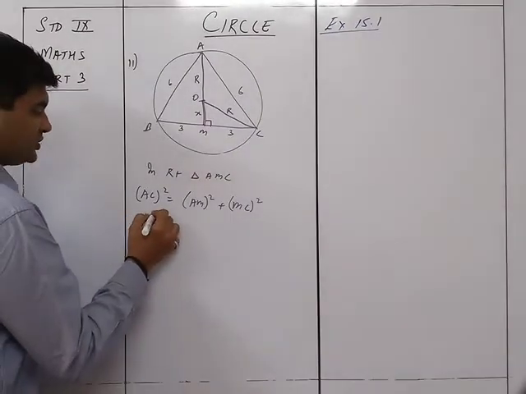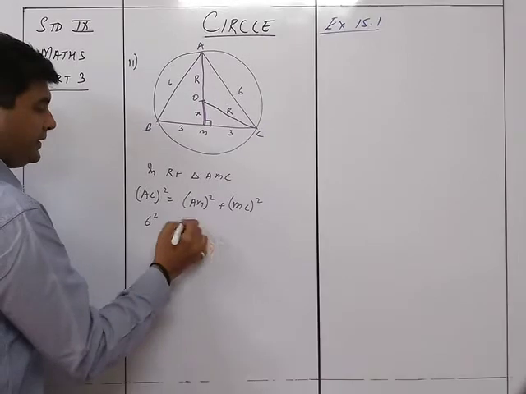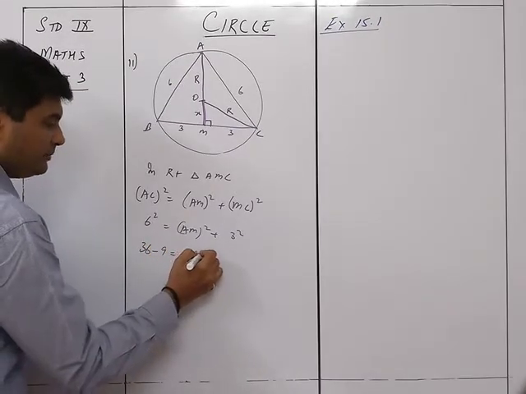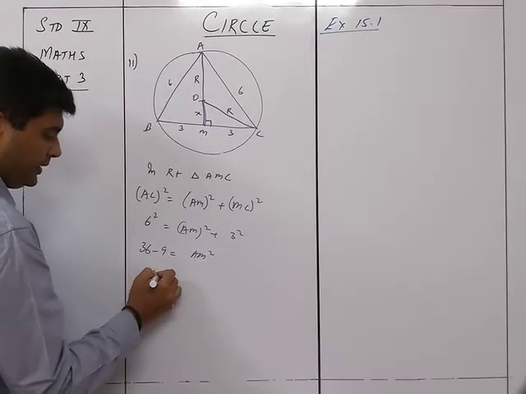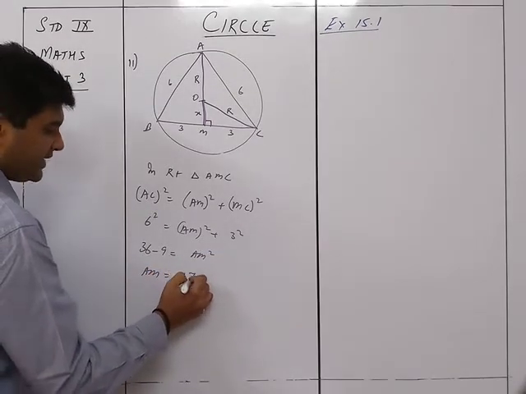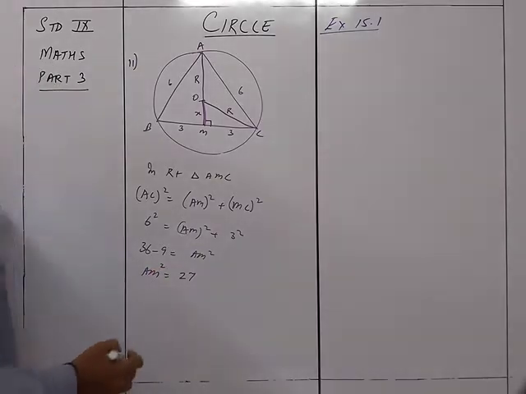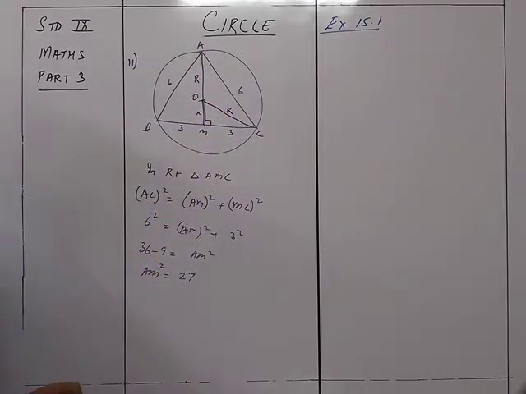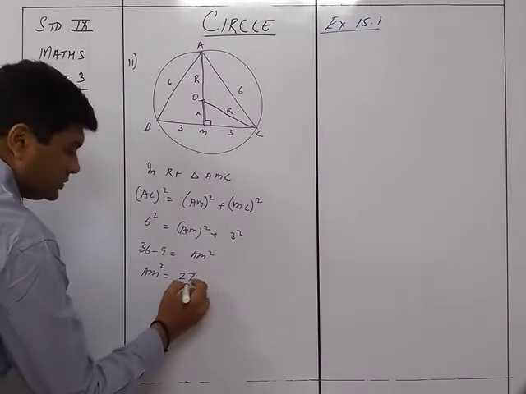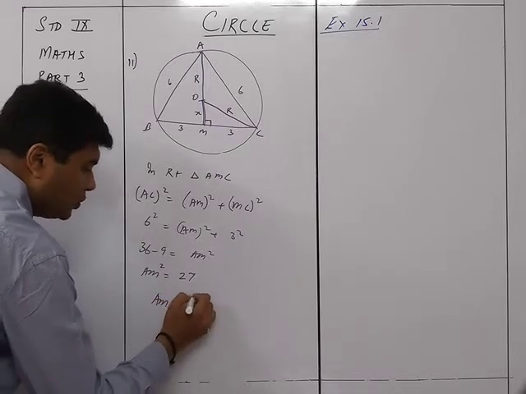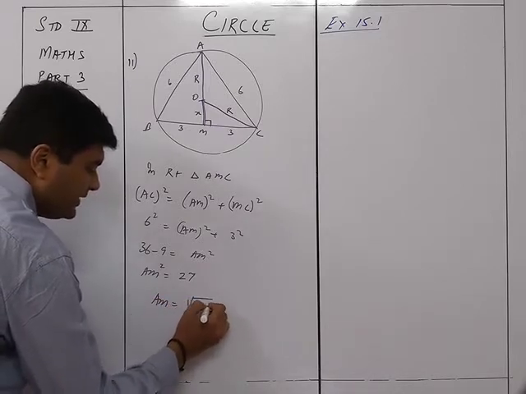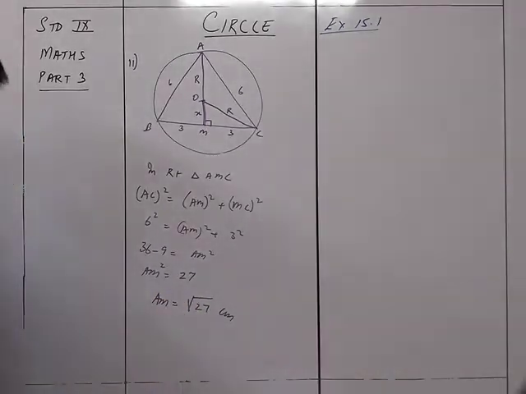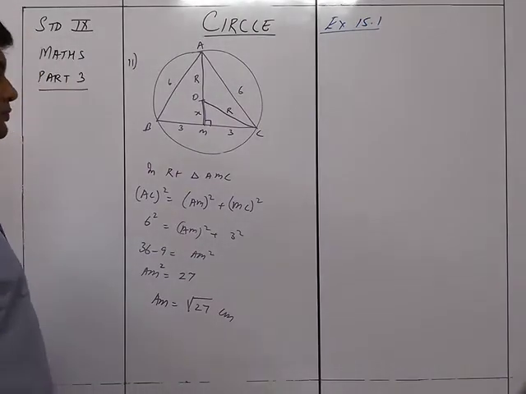So 6 square is equal to AM square plus 3 square. So 36 minus 9 is equal to AM square. AM square is 27. So AM is equal to root 27 centimeters. It should be plus or minus, but minus cannot be there, so it will be just plus root 27.